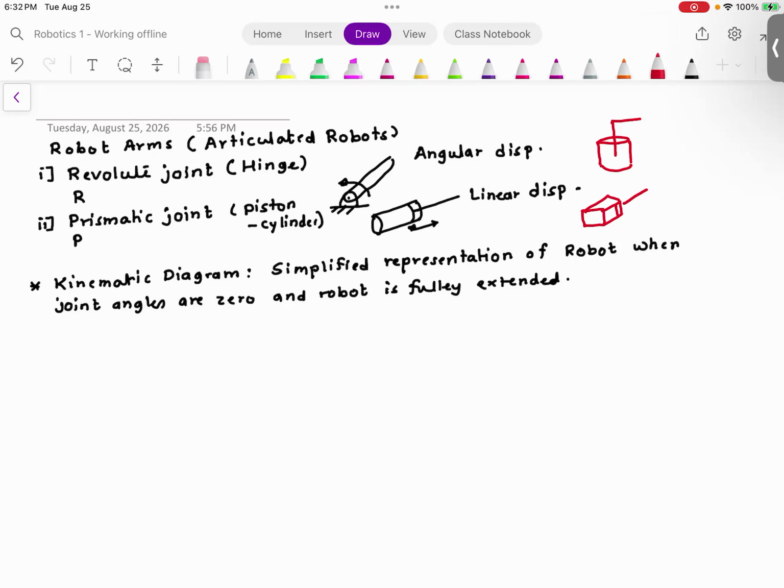Now in robotics, we use the right-hand coordinate system.